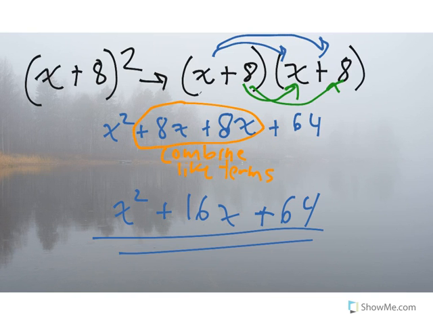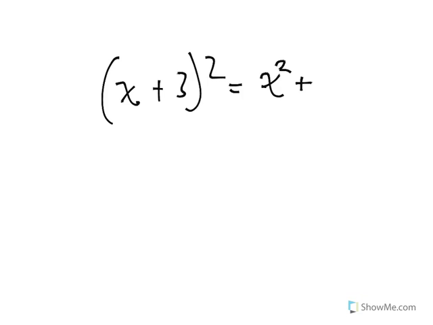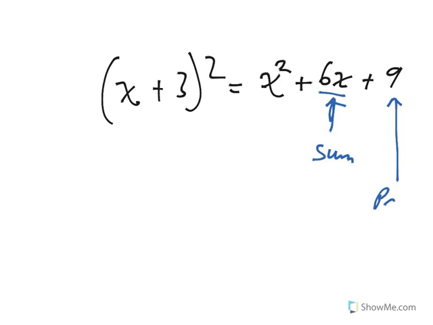Plus what? 9. 16x? What's 8 plus 8? 16. Boom. Basically the middle number is the sum. The final number is the product.